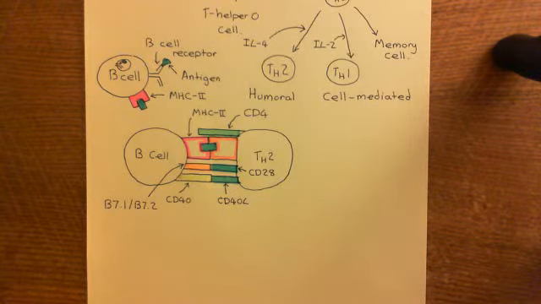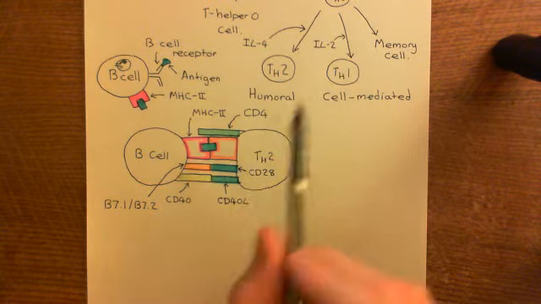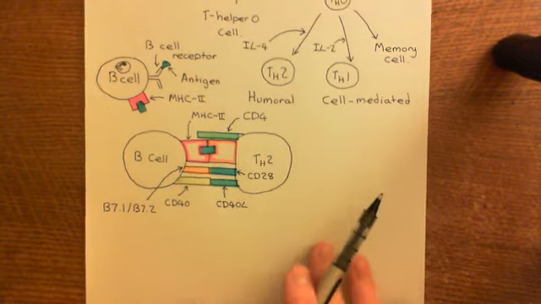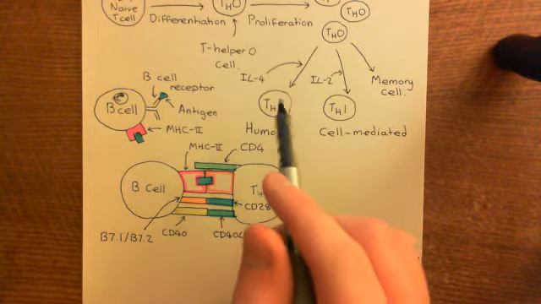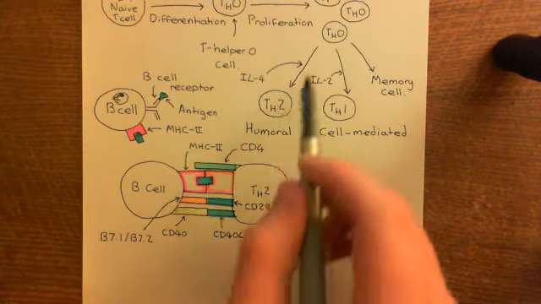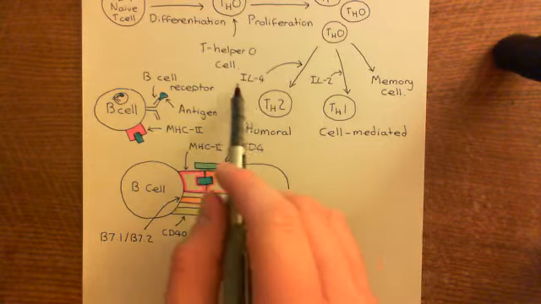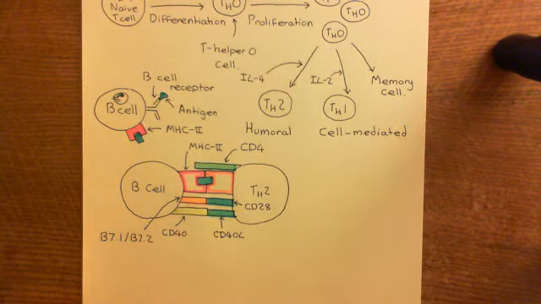reaction for. So we now have these T helper 2 cells, which have been made because we have an extracellular pathogen. Remember, we had the differentiation into T helper 2 that seems to happen when you have an extracellular pathogen or you're in need of a humoral immune response, and we're not clear really on how this differentiation actually occurs, although what we do know is that interleukin 4 appears to play a very important role in helping the differentiation of T helper 0 cells into T helper 2 cells.